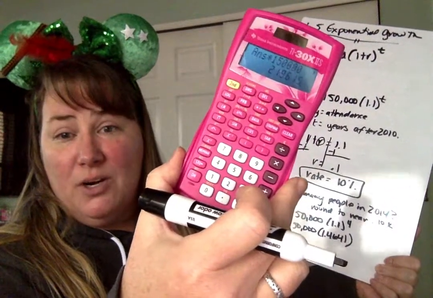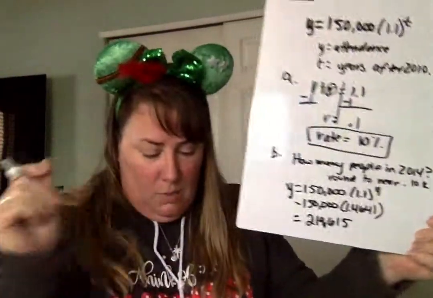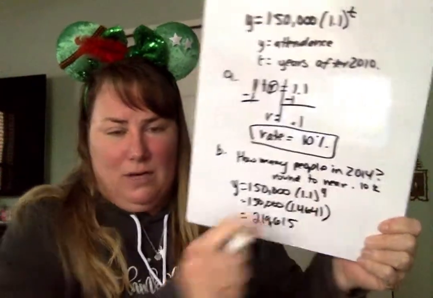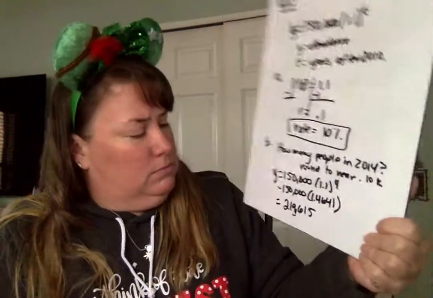And you get that big number, and we're going to round it to the nearest 10,000. Okay? So that is actually 219,615. But we're rounding to the nearest 10,000. So that's the number we're rounding it to.